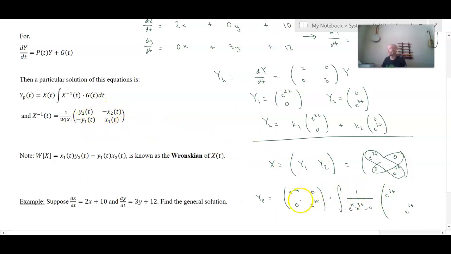Well, they're both zeros, so I'll just put zeros there. And then times g of t.